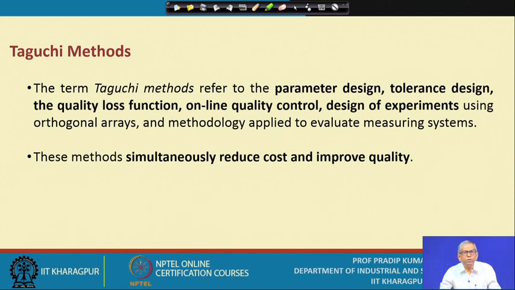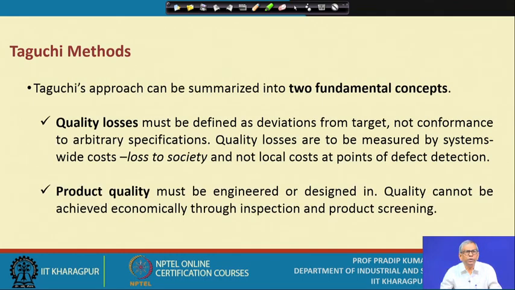Now, these are the three stages, and this parameter design, tolerance design, the quality loss function, online quality control, design of experiments using orthogonal arrays, and the methodology applied to evaluate measuring systems performance are all included in the Taguchi methods, and these methods simultaneously reduce cost and improve quality.